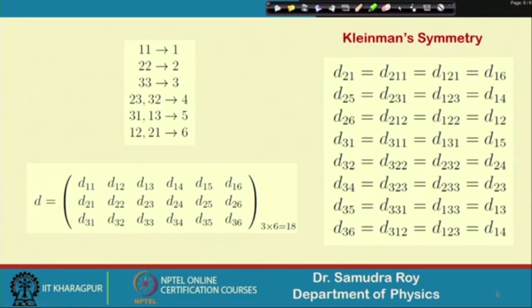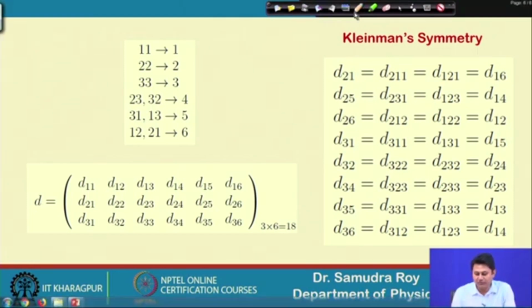Well, if I now look at these d terms, which were given here having 18 independent terms, now we can have additional terms which are the same by applying the Kleinman's symmetry. So, let us try to find out which are the terms which are the same.